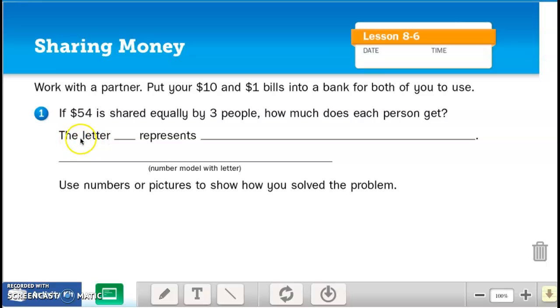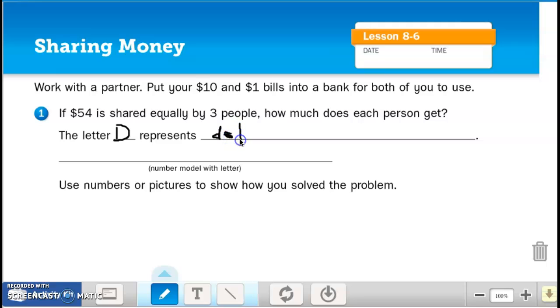We're going to put a letter that represents dollars. I'm going to put D represents dollar, D-O-L-L-A-R. That's how you spell dollar.